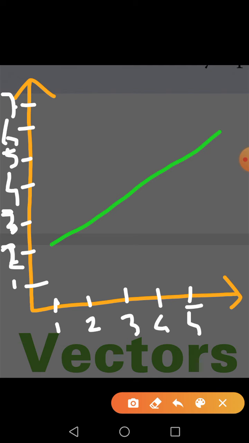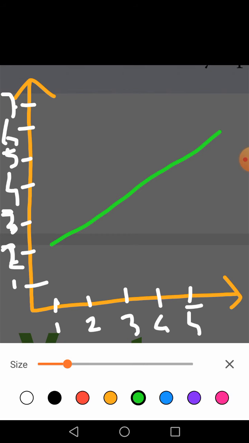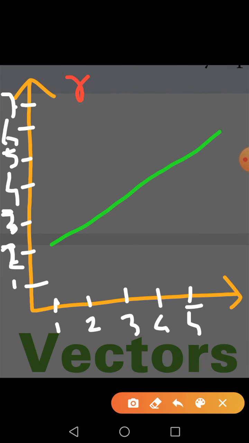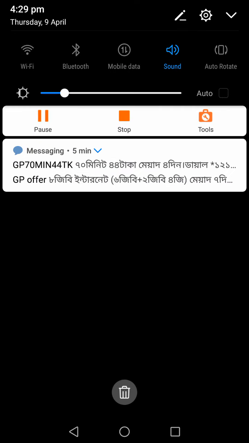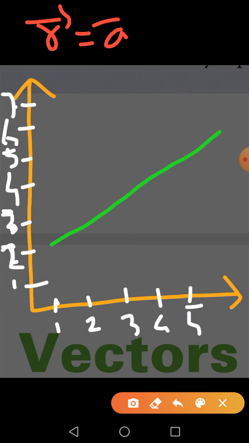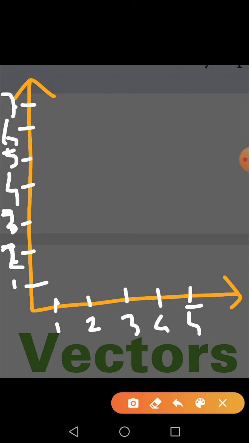Okay, so usually the vector equation of a line has a format of this: r.